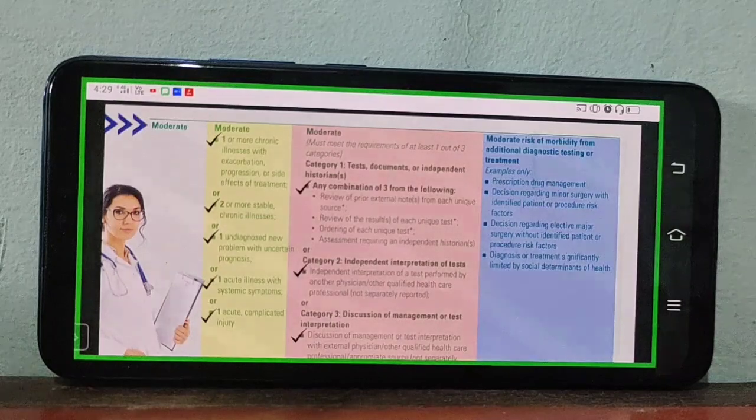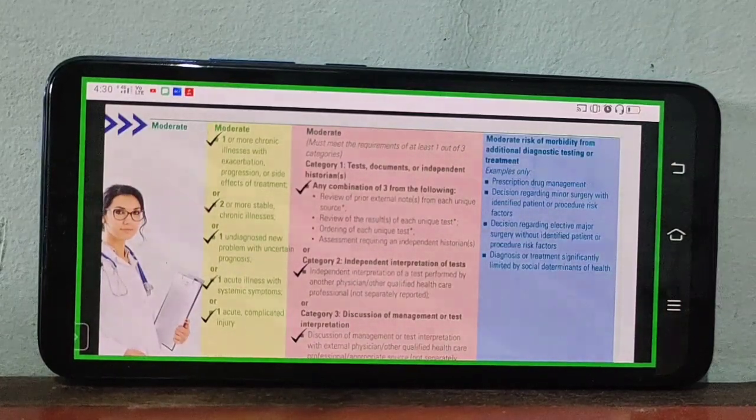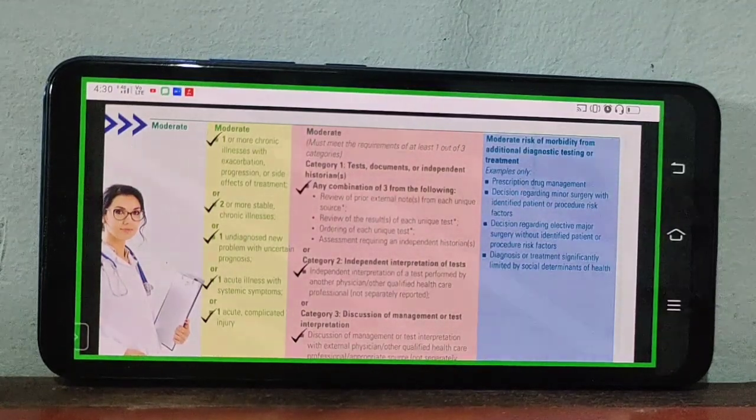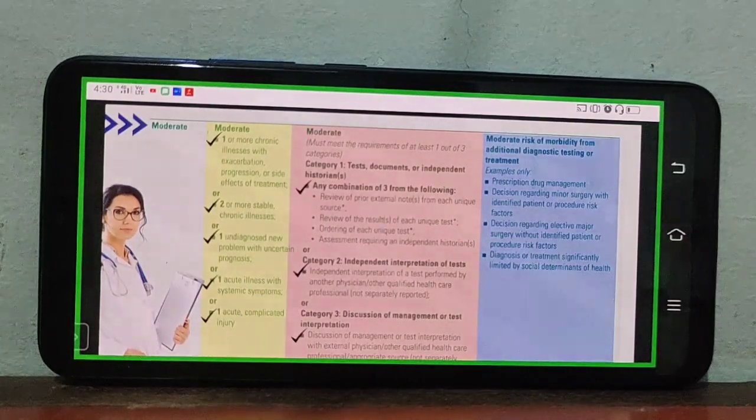But in category 1, second point, review the test result, means the interpretation is not given by the doctor. He just reviews the test result only. If the result is given by the technologist, the doctor just reviews the test result. But in category 2, the doctor finds out the abnormalities and gives the result. Did you understand the meaning of category 2?